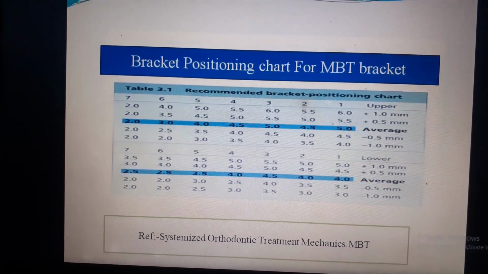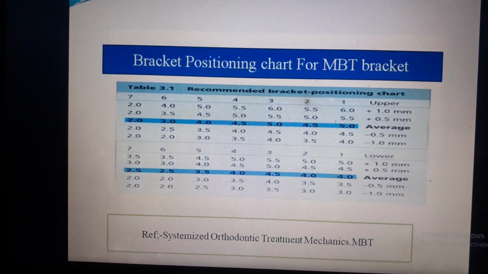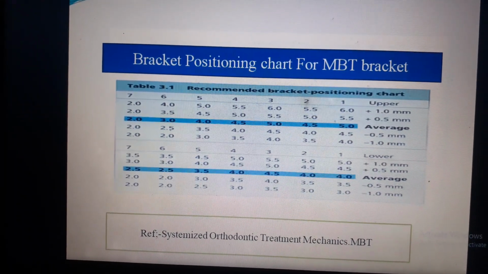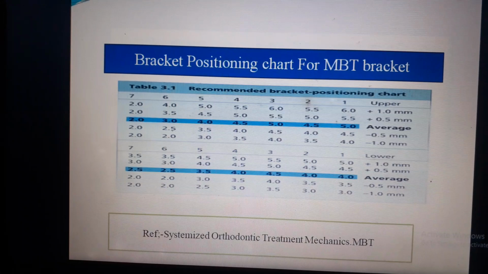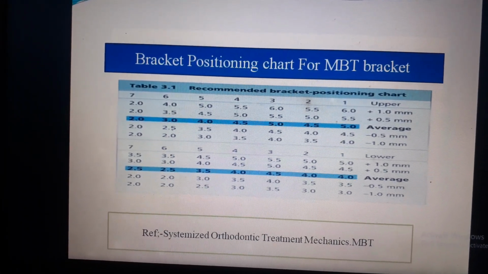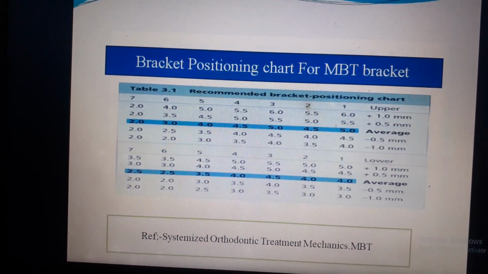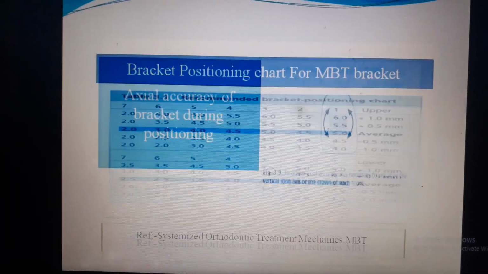Blue highlighted in the average is 5, 4.5, 5, 4.5, 4 and 3, 2 for the upper central to 7th tooth, and the same for the lower, as shown in the blue marking.